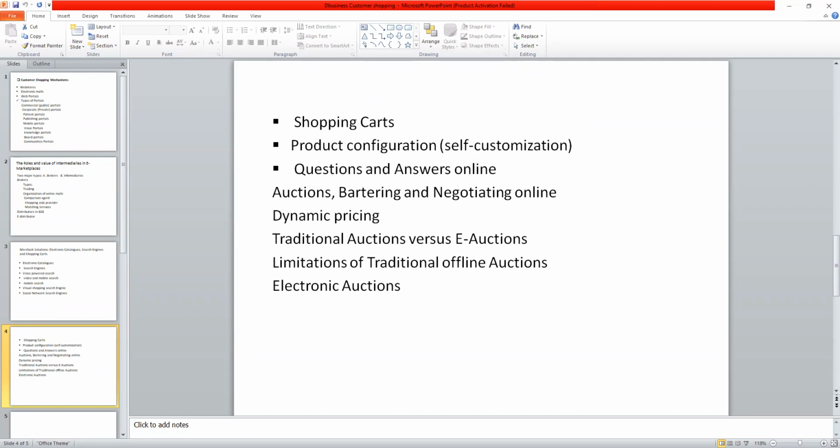So many of the companies have this self customization. In this case, they can invite a special set of customers to purchase.